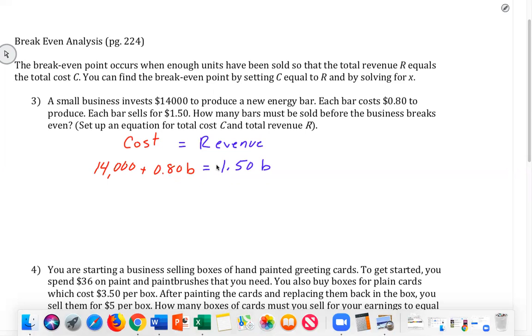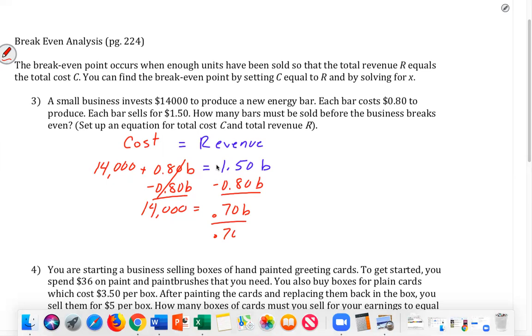And here we go. Let's go ahead and subtract that 80 cents, that 0.80 B, from both sides. And this breaks down to, those of you in business could have told me that, oh, well, that's easy. I just need to do 14,000 equals 0.7 B, because I'm making 70 cents profit.